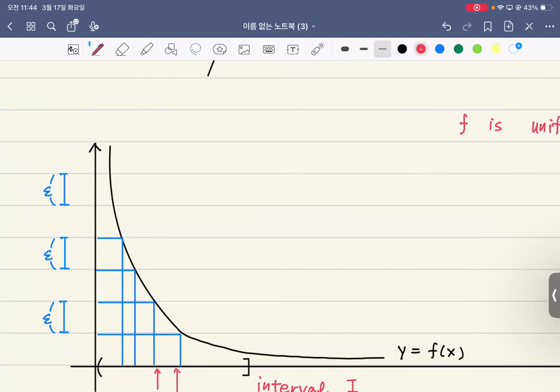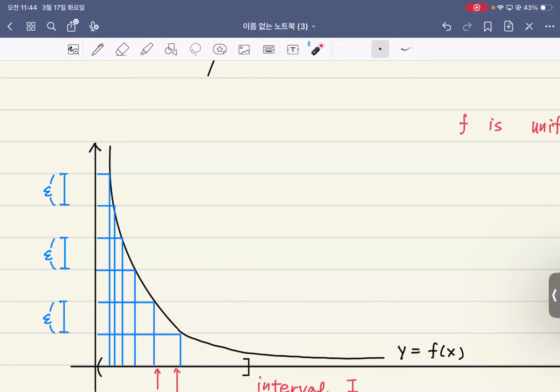As you get closer and closer to the origin, this is this and this is that. Do you see the length of this line segment is even smaller than the previous one? So this small delta does not suffice to satisfy the inequality.